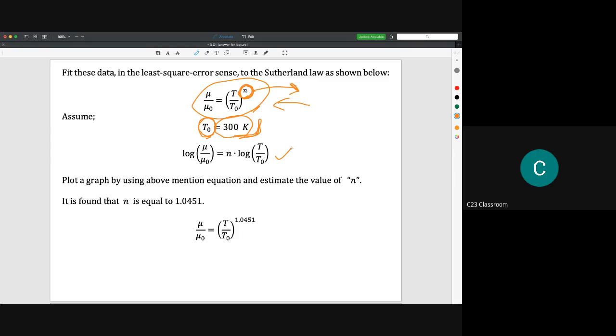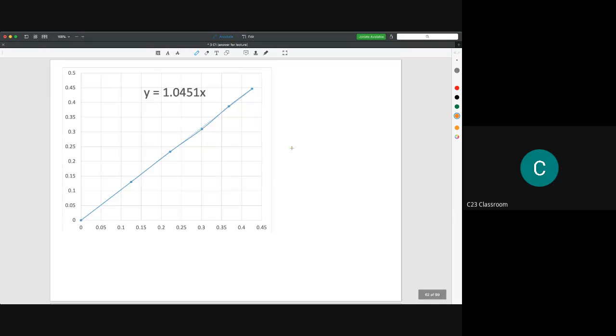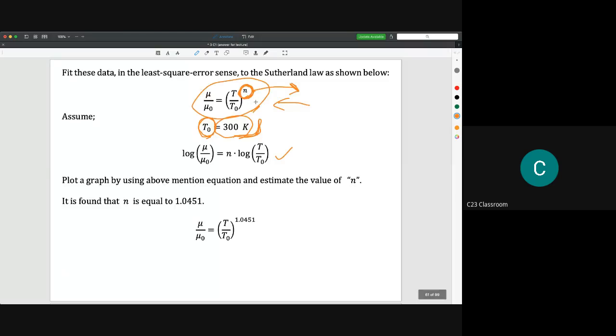We can calculate, and then we plot a graph. You could make the log of mu the y-axis and the log of T over T naught the x-axis, and then plot it, and the n here is actually the gradient.